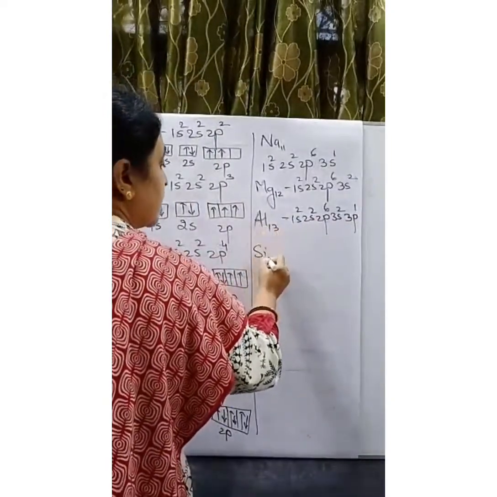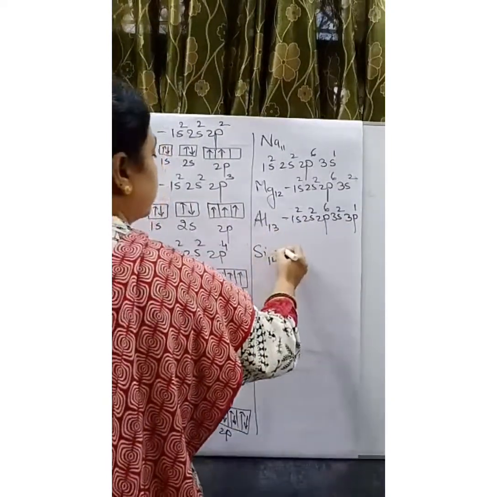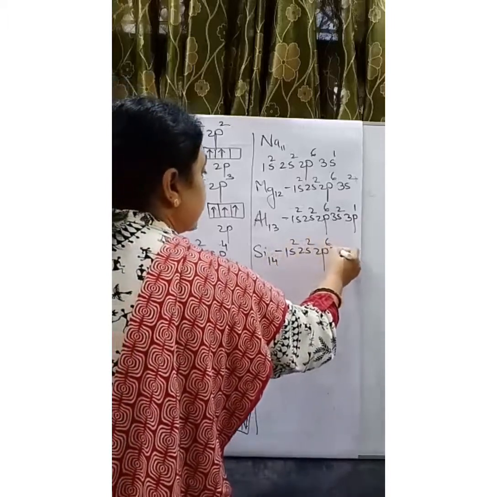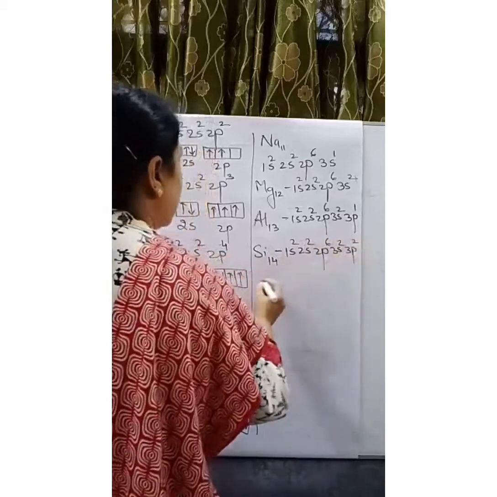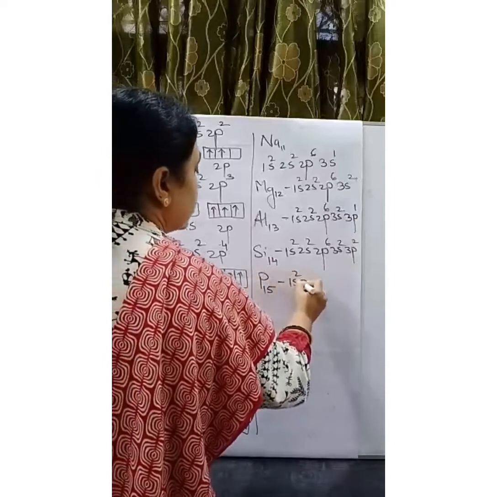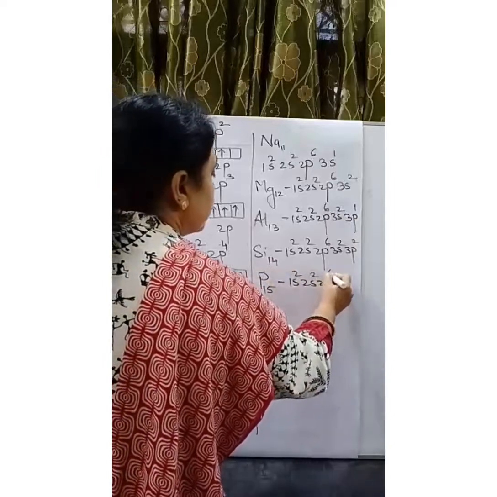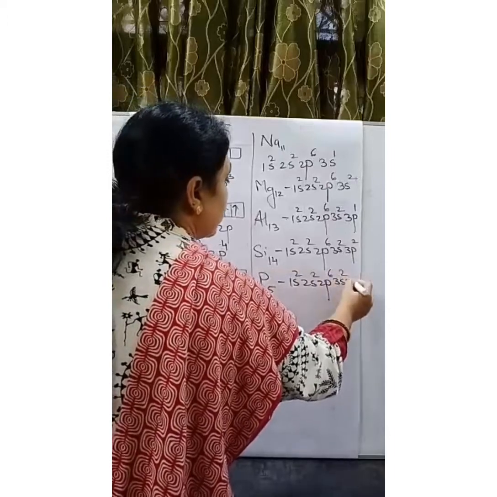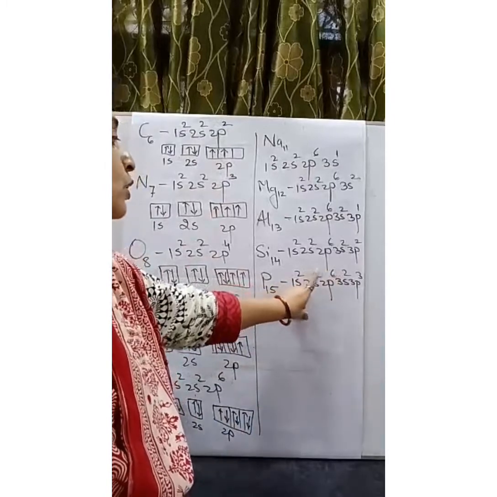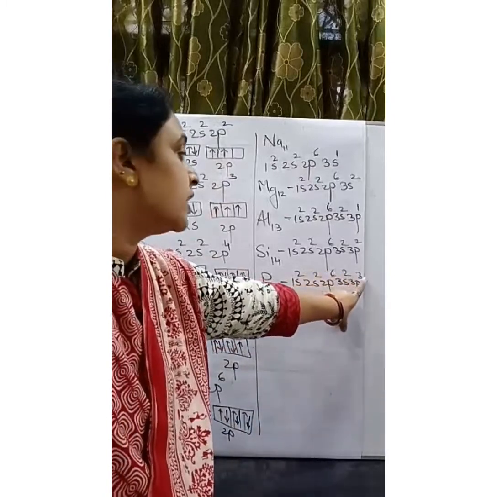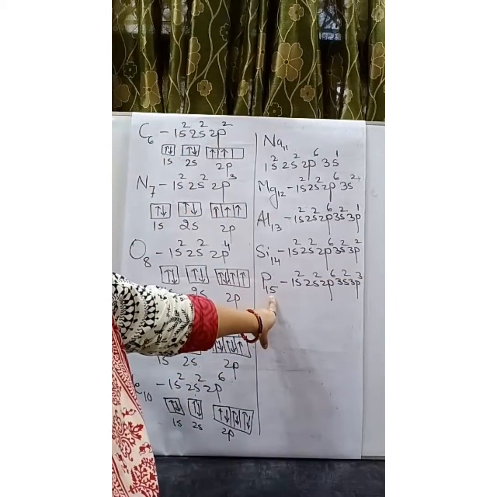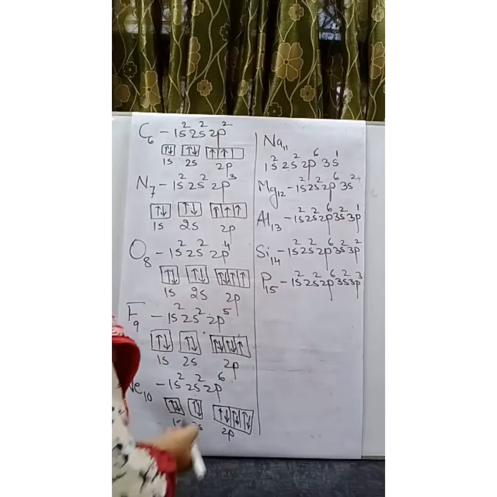After this comes silicon, atomic number 14: 1s2, 2s2, 2p6, 3s2, 3p2. After silicon, it comes phosphorus: 1s2, 2s2, 2p6, 3s2, 3p3. At any time, you can wait and calculate: 6 plus 4, 10, 10 plus 2, 12 plus 3, 15 electrons. The number of electrons in a neutral atom is always equal to its atomic number.